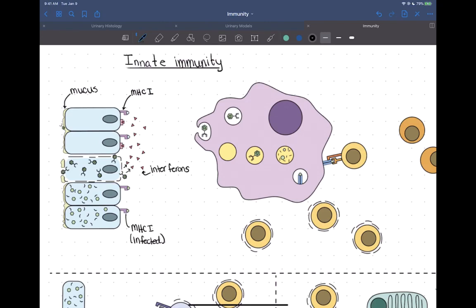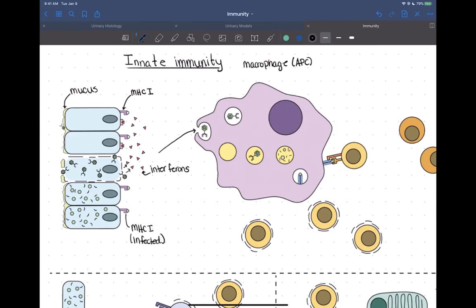The next step in our innate immune response: remember, macrophages are part of the innate immune system. If they encounter one of these viruses, the macrophage is going to engulf it, phagocytize it, just like we talked about before. This macrophage acts as an antigen presenting cell.